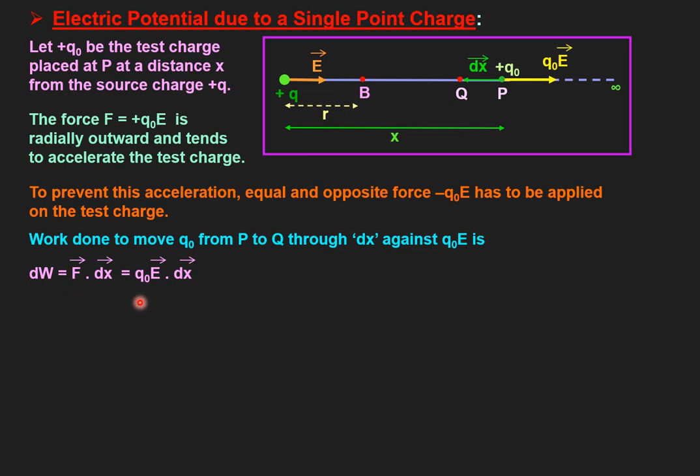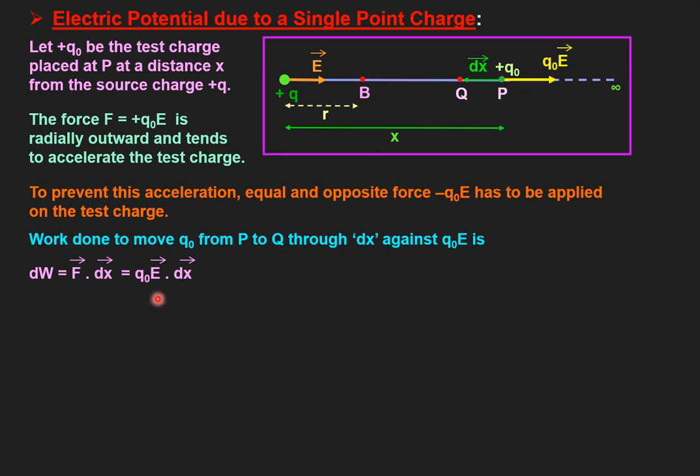So this is external force dot dx vector. I have put the external force in terms of the electrostatic force itself, Q naught times E, because the external force should be equal in magnitude to Q naught times E, but opposite in direction. So that's why Q naught times E dot dx.